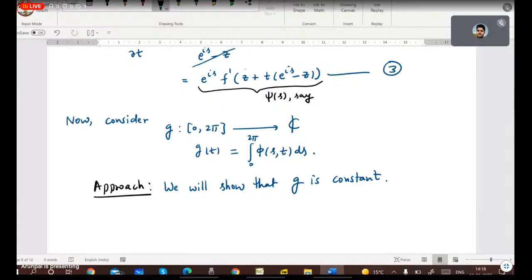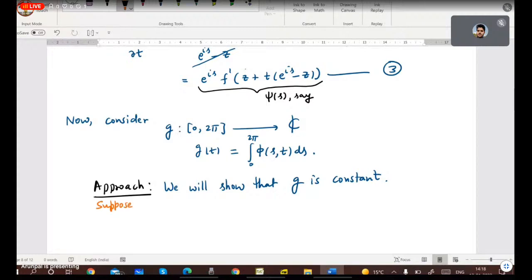See class how. Suppose, once we have shown that g is constant, so now I am explaining you the approach.